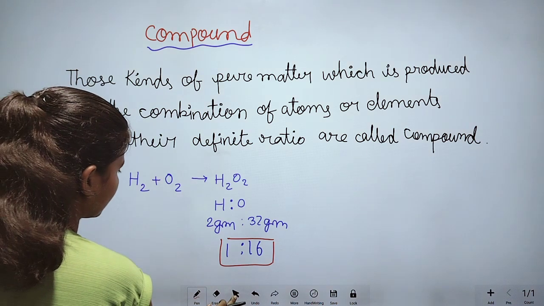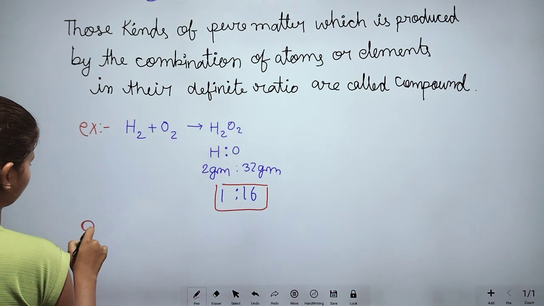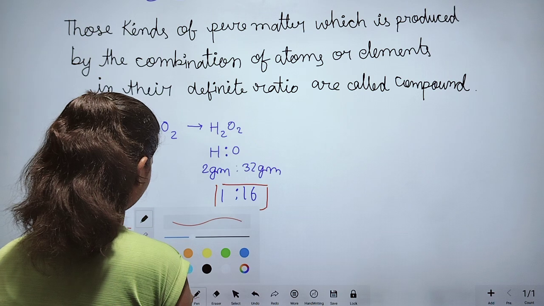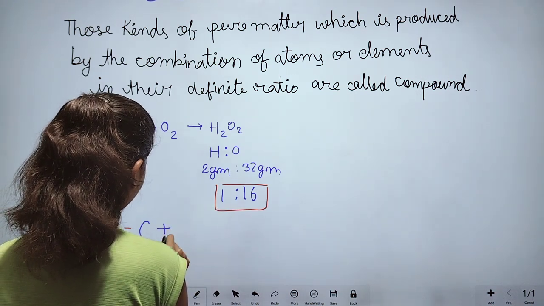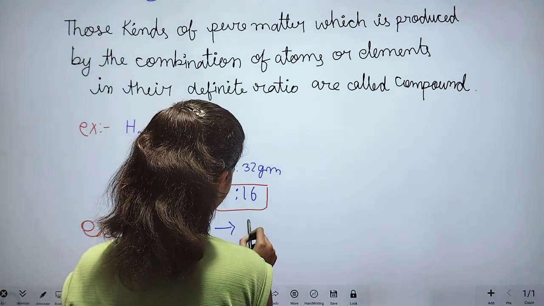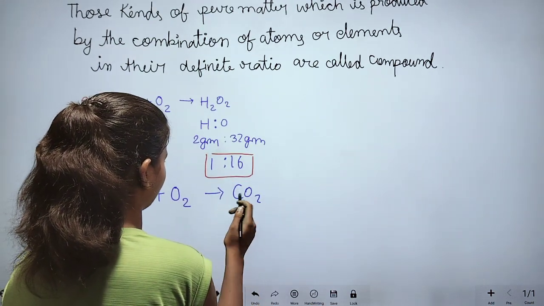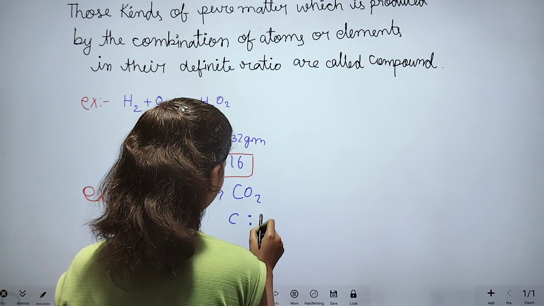Now let's see one more example. Carbon dioxide: C plus O2 gives CO2. This one is carbon and this one is carbon dioxide.